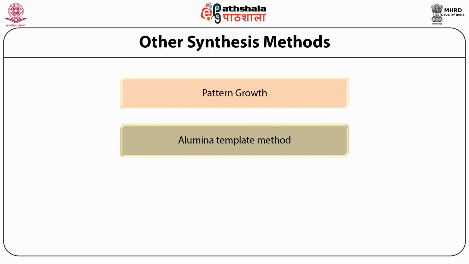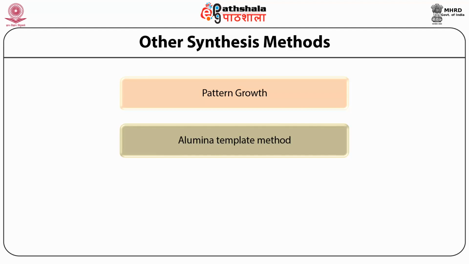This alumina template can be used to grow carbon nanotubes. It works as a substrate, and with a method very similar to what we have discussed in chemical vapor deposition, one can put this template inside the furnace to grow carbon nanotubes. Mostly, nanotubes from the alumina template method are open-ended in nature, which is useful for specific applications.